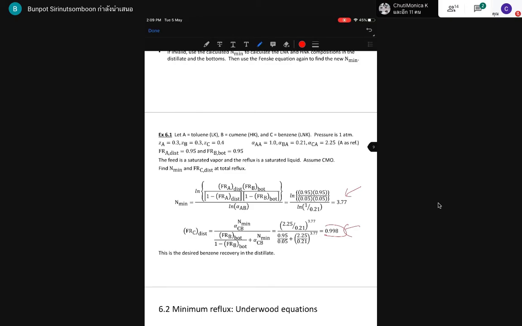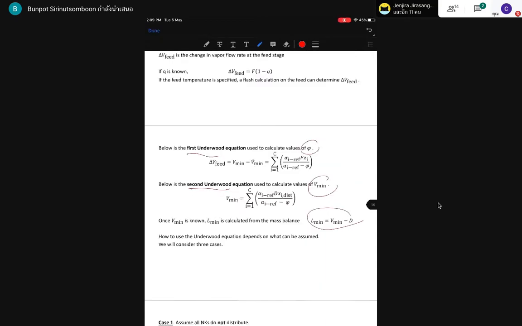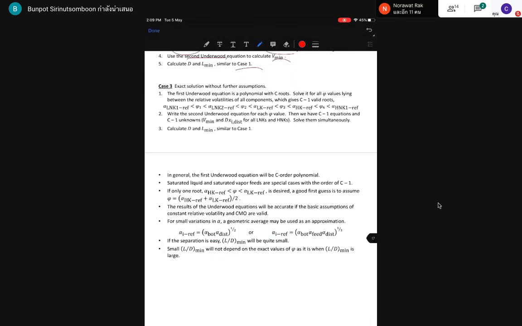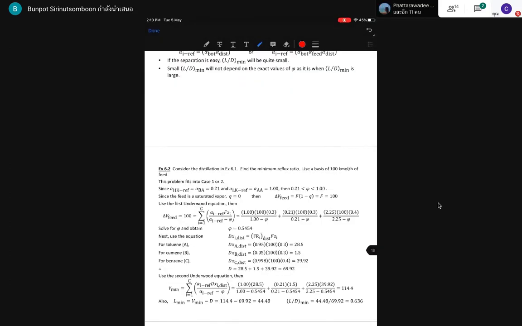In example 6.2, which fits case two, you don't assume complete separation.